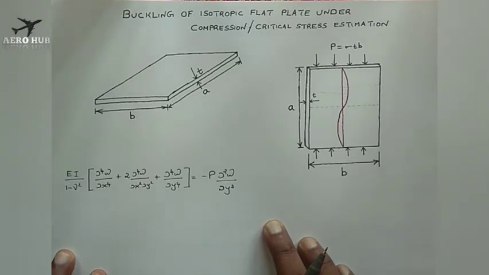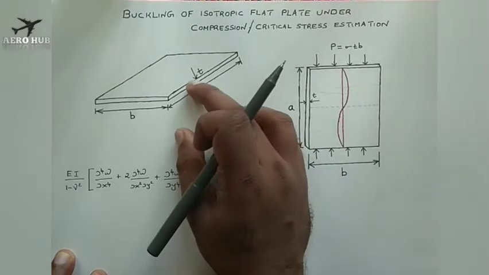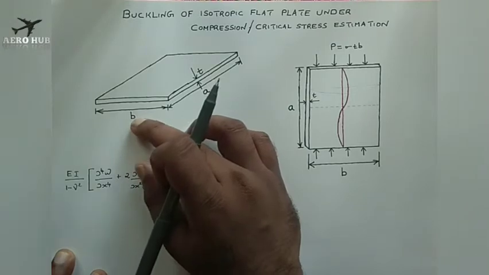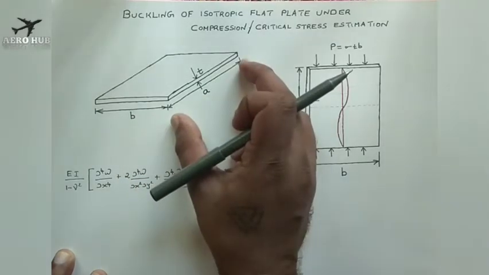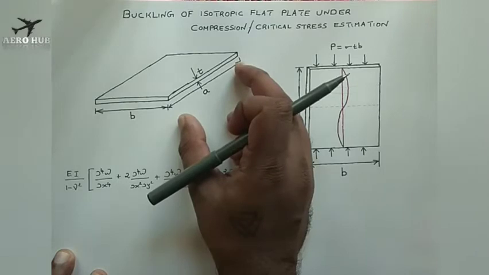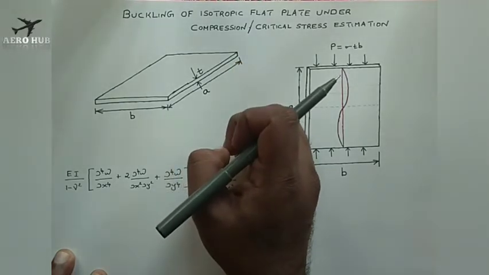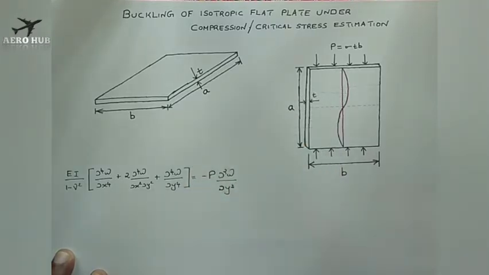You can see in the figure we have a plate of thickness small t and we have the dimensions here. B is the smaller dimension compared to the length A, and a plate is defined as a structure in which the thickness is very small compared to the lateral dimensions.